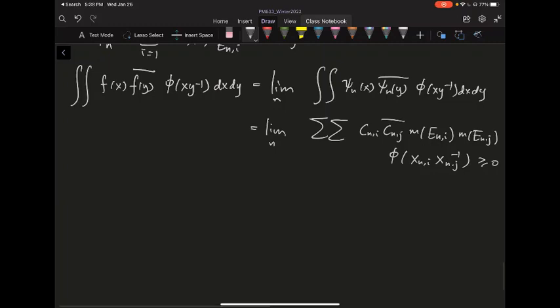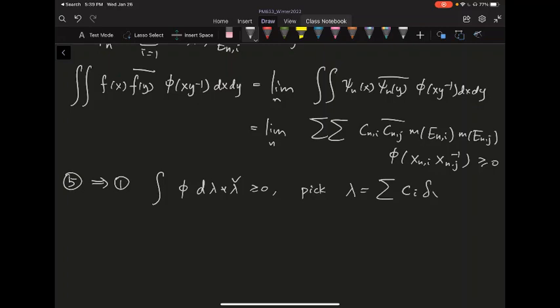Now to show that 5 implies 1, okay, so let's say 5 implies 1. Suppose you have your integral. Because you integrate against the convolution of 2 measures, they're always positive, you can actually just pick a particular one. Let's take a bunch of point masses, a summation of the ci delta xi.